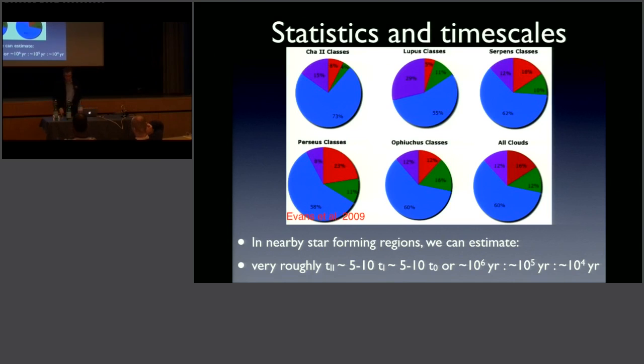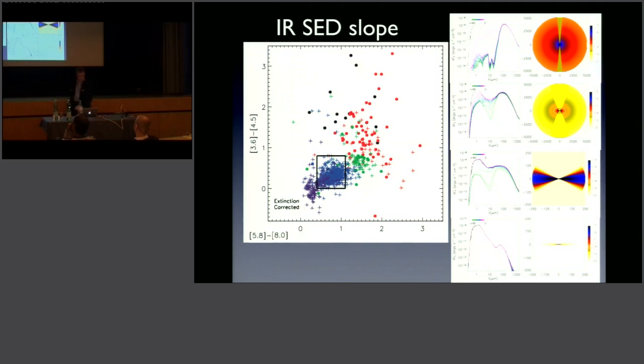The other way to get these estimates is to work in the other direction. So try to get an estimate of the lifetime, if you want, of the stars with disks. Before doing that, I wanted to show you how that classification is done. It's done essentially the same way as I mentioned before.